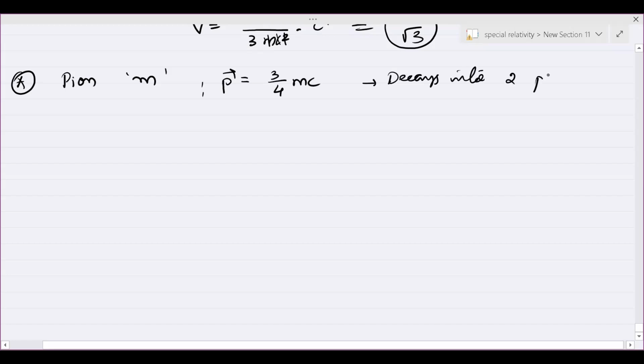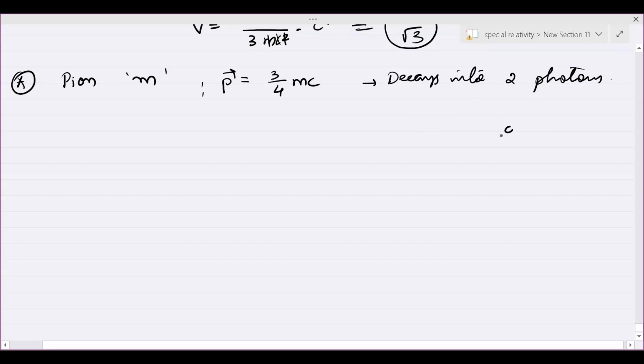One of the photons is emitted in the same direction as the original pion, and the other in the opposite direction.